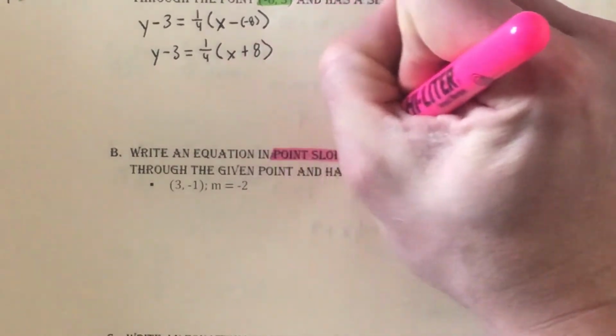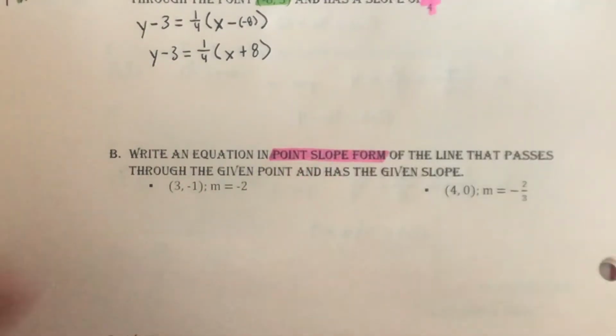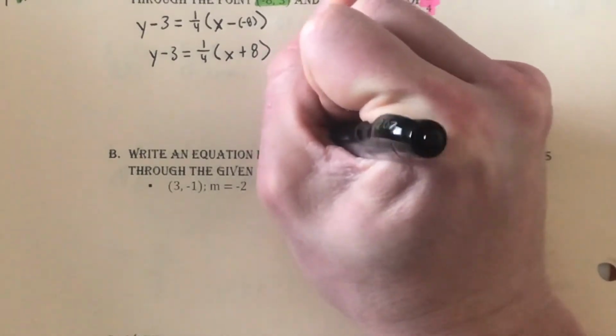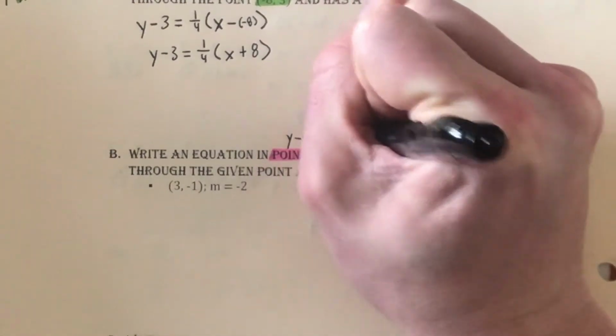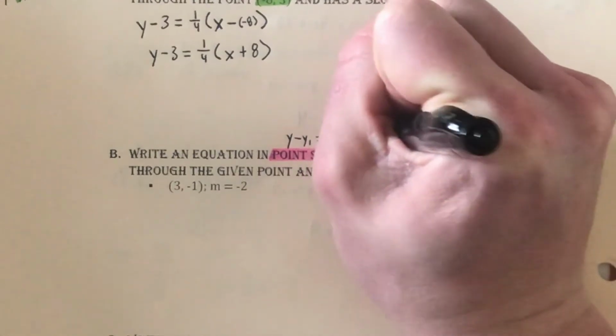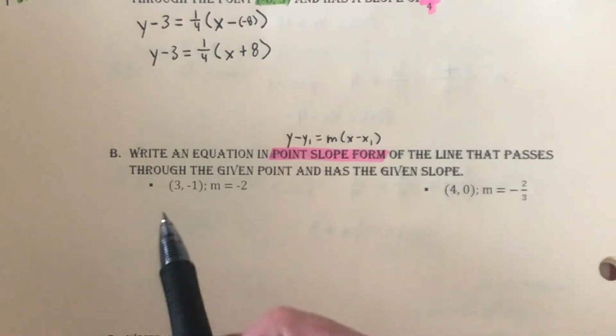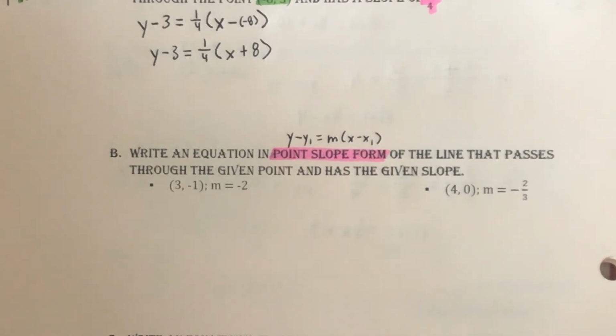Again, just a reminder of what that is: y minus y1 equals m times x minus x1. We want to get it into that form, and we've got 2 problems here that we're going to do it with. We're going to do it first with this one, then after we've done that, we're going to do it with this one. I'm going to encourage you to try both of them on your own, then check your answer with mine.